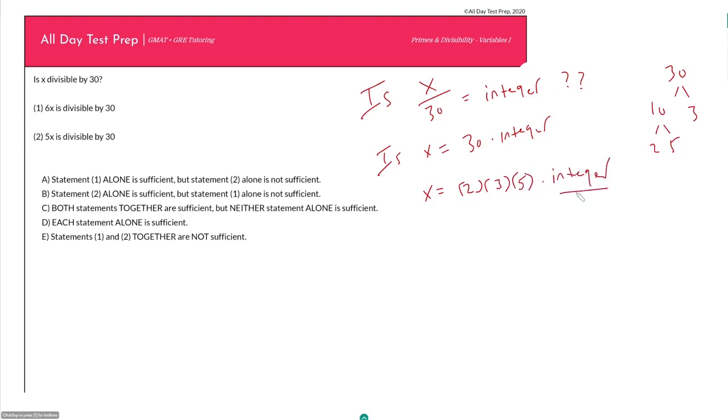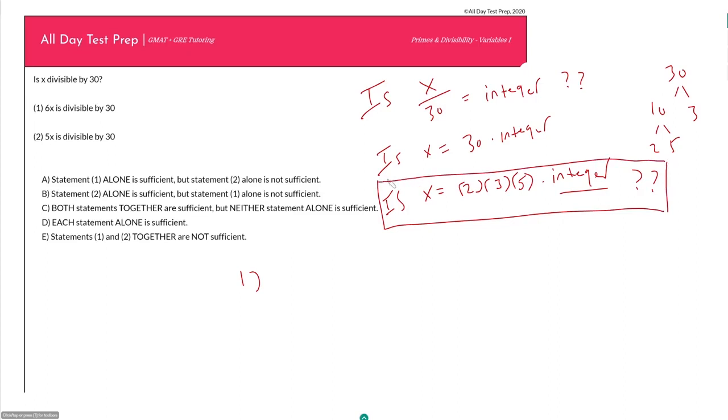It can be 1, 2, 3, 4, 5, 6, 7. So we don't necessarily know what this integer is contributing to x. What we're asking is, at a minimum, does x contain a 2, a 3, and a 5? Do we know that x must contain a 2, a 3, and a 5 at a minimum?